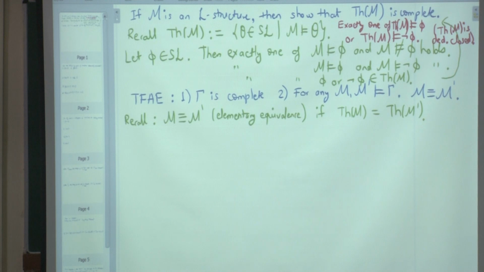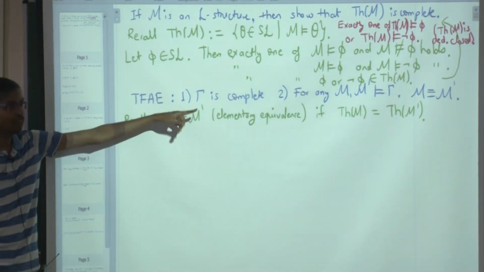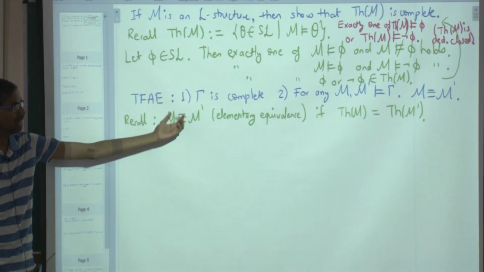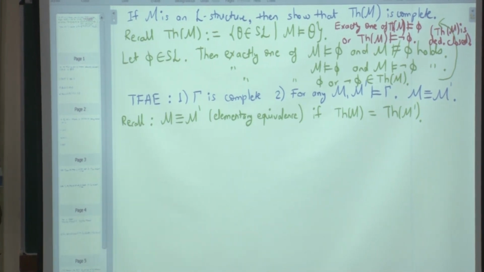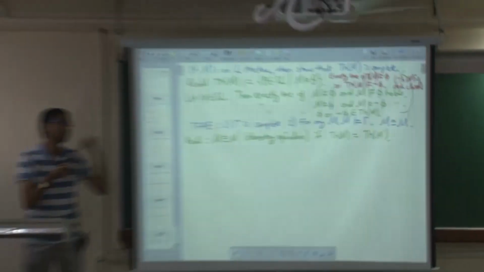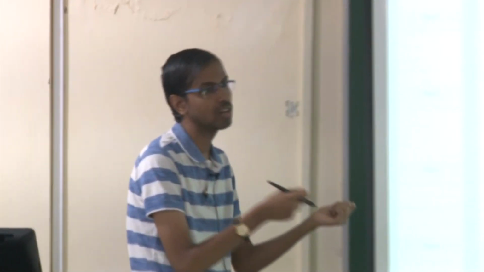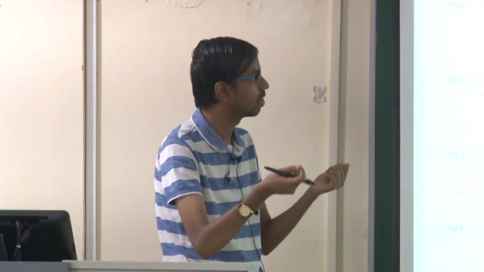So this is quite an interesting statement. Gamma is complete if and only if... Now, gamma being complete is entirely dependent upon the double turnstile symbol. You start with an arbitrary sentence and then gamma will make a decision for it: either phi is a logical consequence or negation phi is a logical consequence.